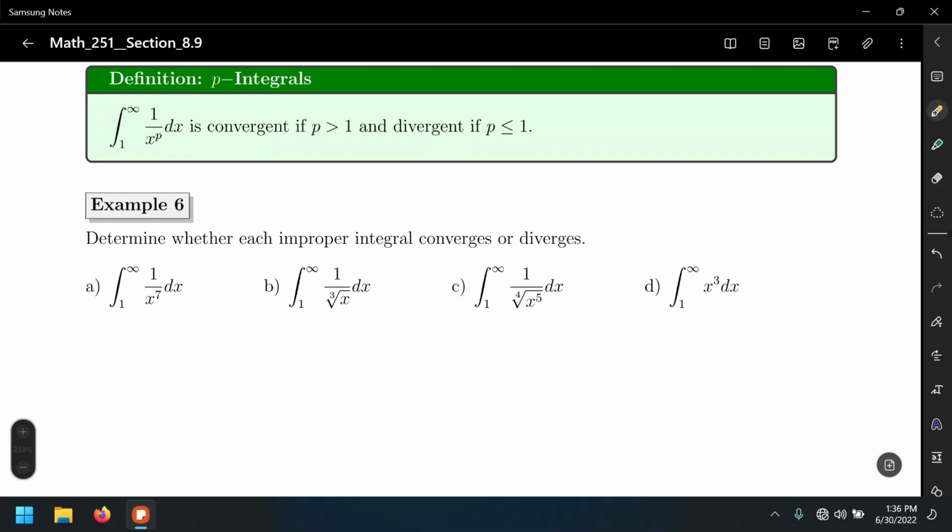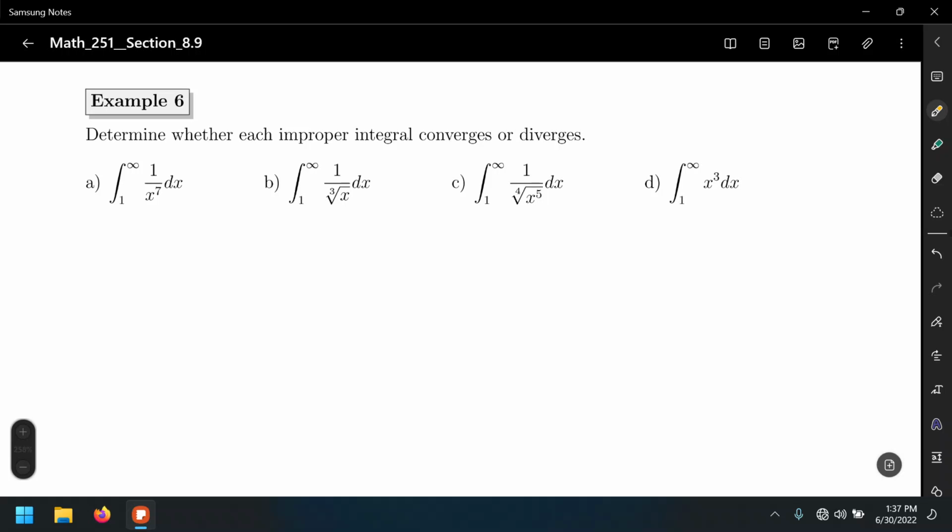In this case, this theorem, or this definition here, is used to determine the convergence or divergence by just looking at the integral. Well, maybe doing some very, very tiny algebraic step.